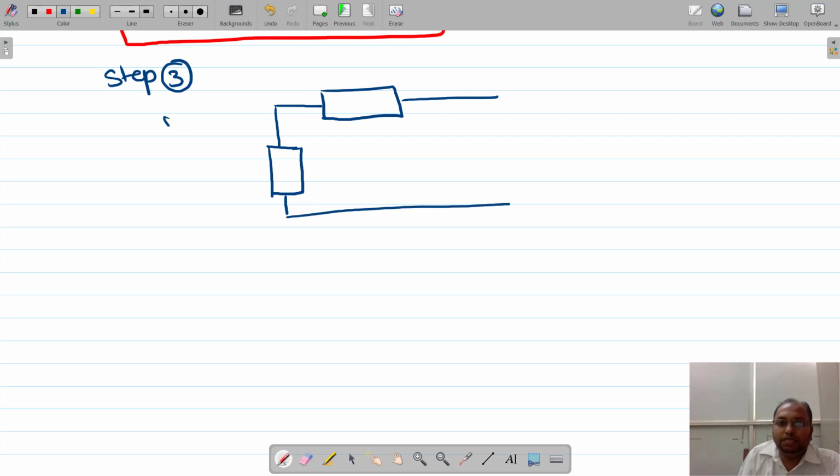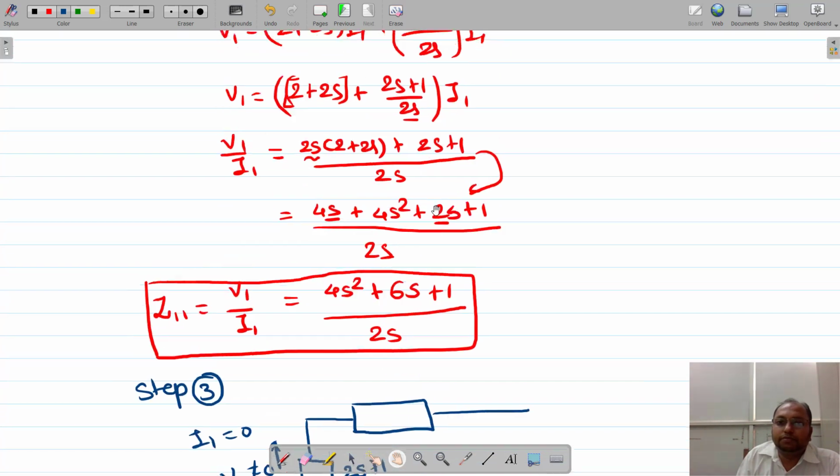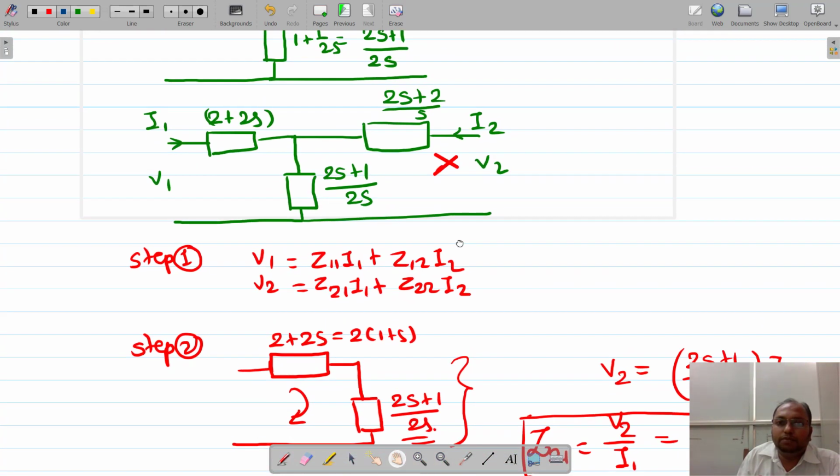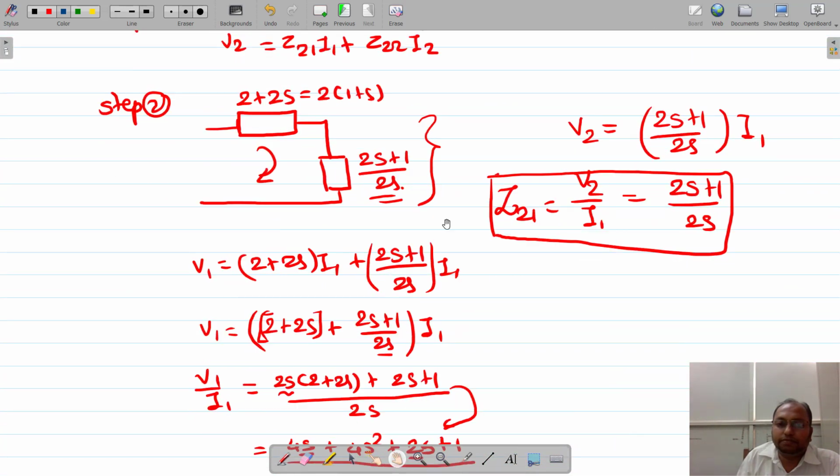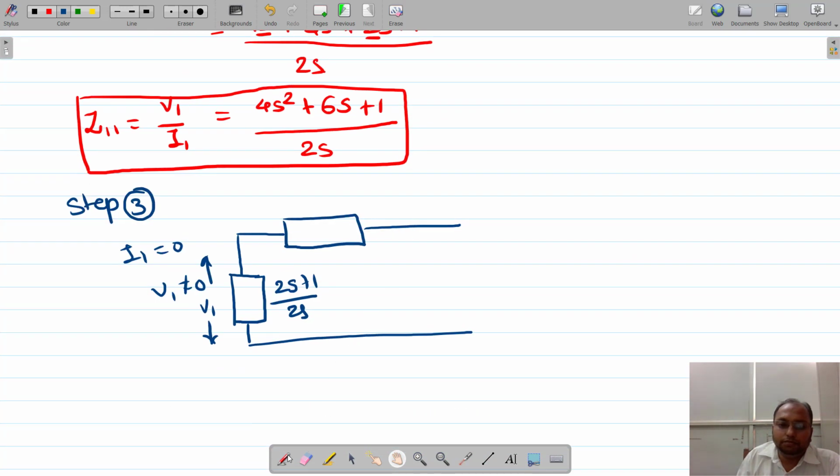Though we have made I1 equal to 0, V1 will not become 0. V1 will be the drop across this particular resistor, so it is nothing but (2s + 1)/2s. And let us recall that this is nothing but (2s + 2)/s.